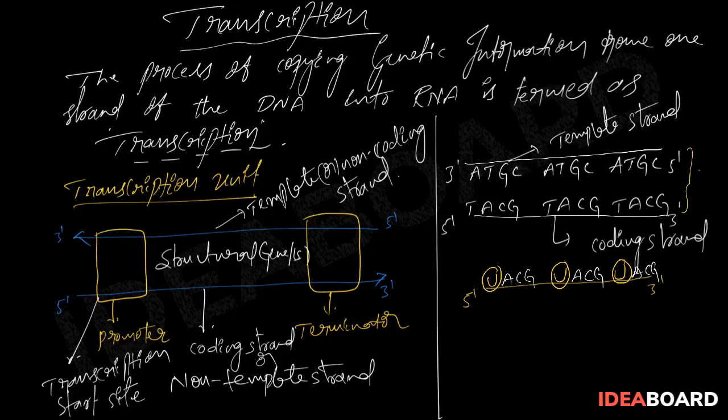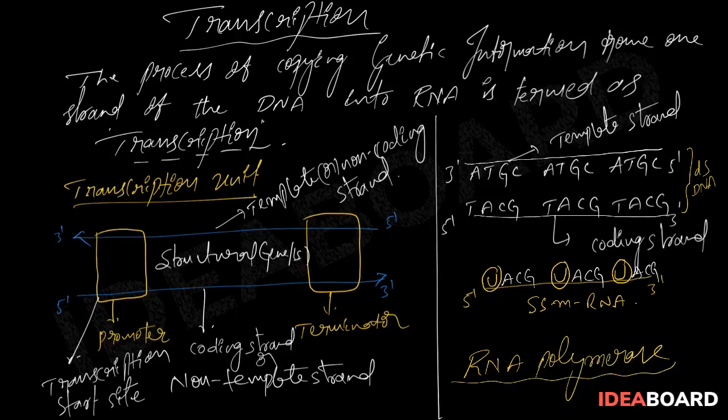This is a double-stranded DNA molecule, and this is single-stranded mRNA. Transcription begins at the promoter region, elongates, and structural genes are transcribed, and whenever it reaches the terminator region, the transcription is completed. The main enzyme involved in transcription is RNA polymerase, a DNA-dependent RNA polymerase.